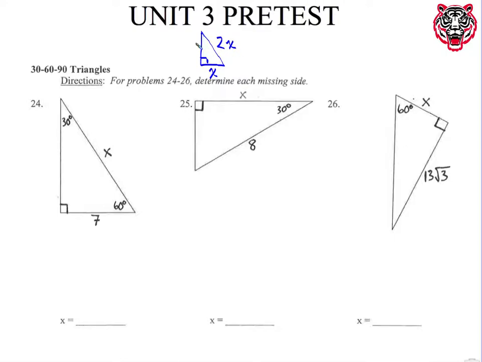And therefore, the remaining leg is x square root of 3. Perfect. All right, so in this problem, I'm moving from the shortest leg to the hypotenuse. So going from here to here, that is going from x to 2x. That means I need to multiply by 2. 7 times 2, and I get 14.